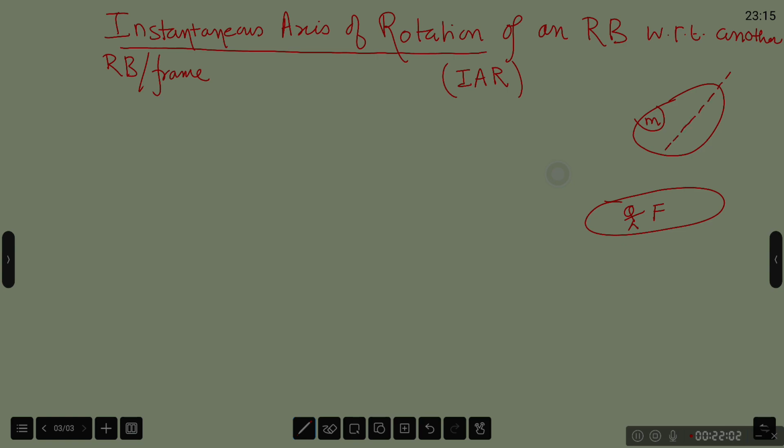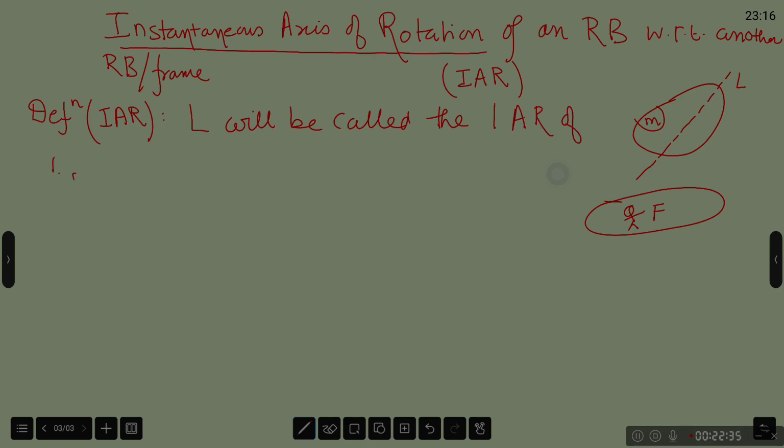Let's consider this straight line as L. Definition of IAR: L will be called the IAR of M with respect to F if VBF equals 0 for all B's which are part of this line L, and B is part of the body also.